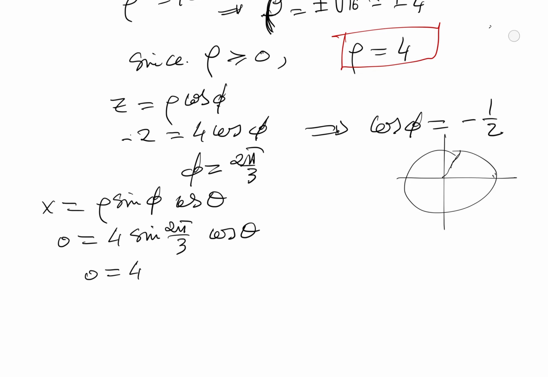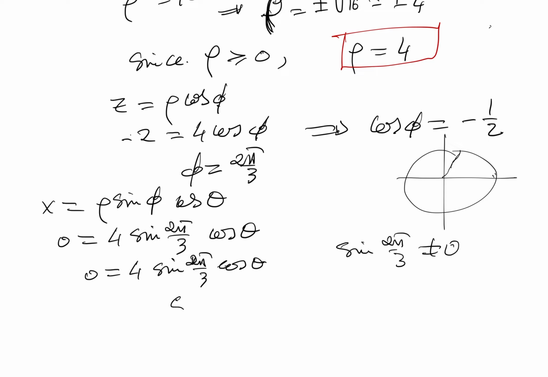That's the faster one. So you can end up having sine of 2 pi over 3. This one is non-zero, by the way. The sine of 2 pi divided by 3 is non-zero.